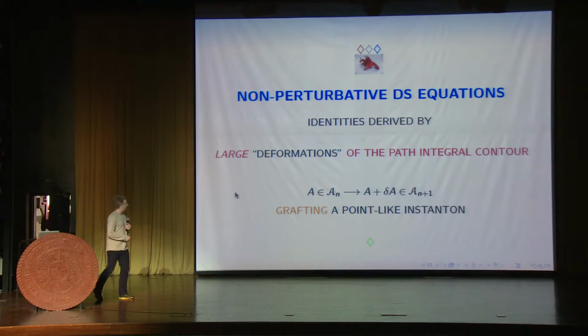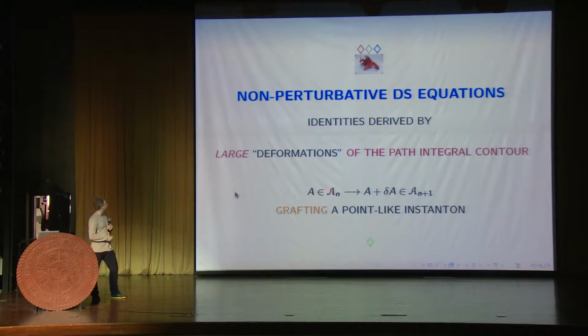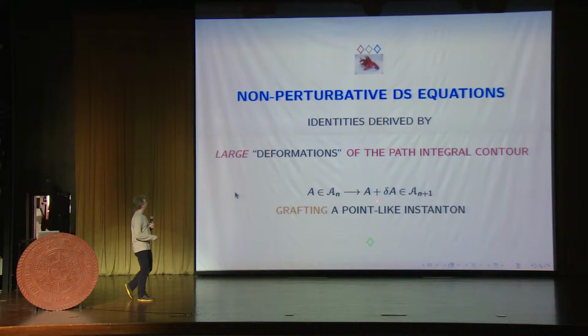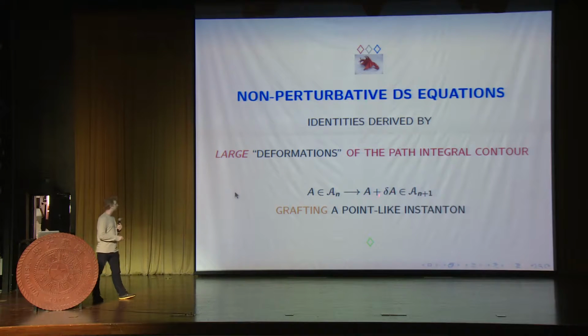And so I would like to study the generalization of the Dyson-Schwinger equations, which would follow from large deformations of the path integral contour, where you would shift the contour of integration of gauge fields in the instanton sector n by an almost everywhere small deformation, which will nevertheless take you into a sector of different topology.